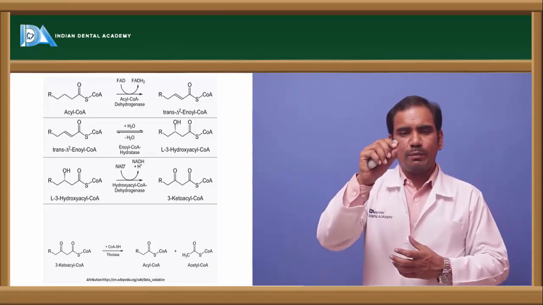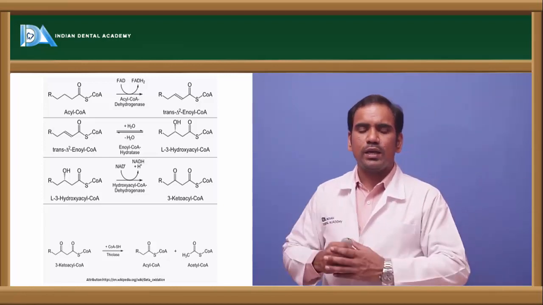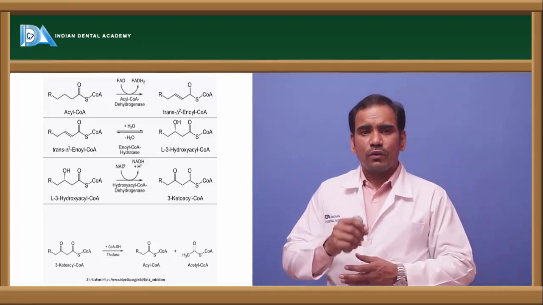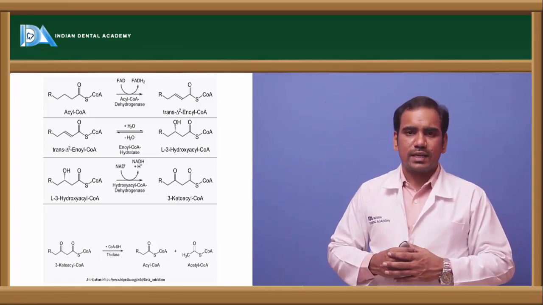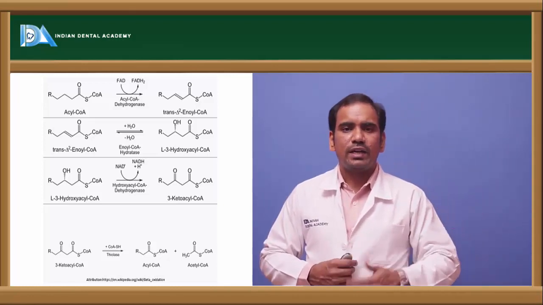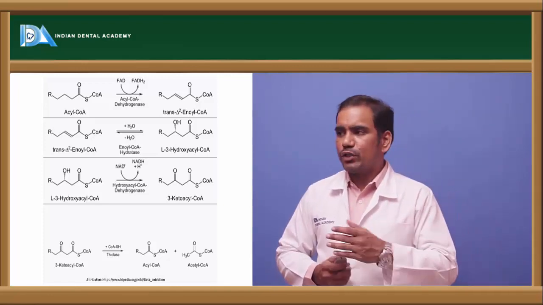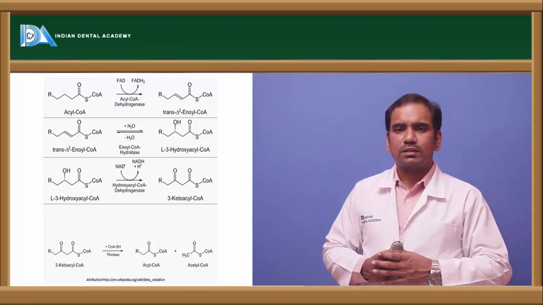So oxidation of the beta carbon and splitting of 2 carbons in the form of acetyl CoA is what happens in beta oxidation. The acetyl CoA that is released now enters into the TCA cycle, the citric acid cycle, where it is further oxidized. So this is the beta oxidation proper. Here 2 oxidation reactions occur.